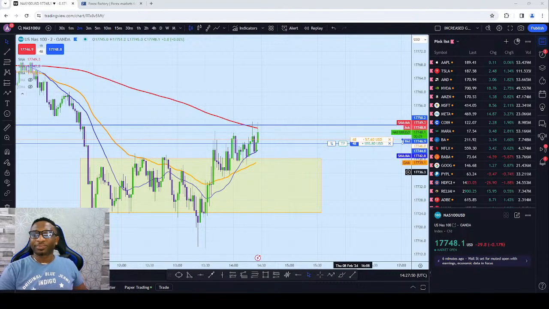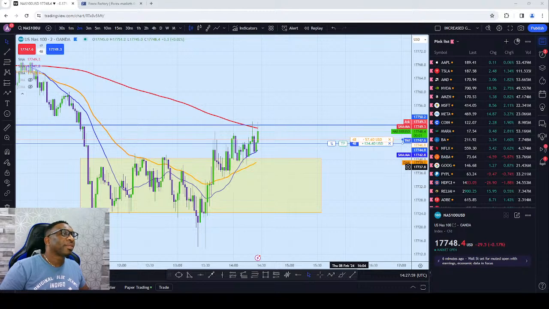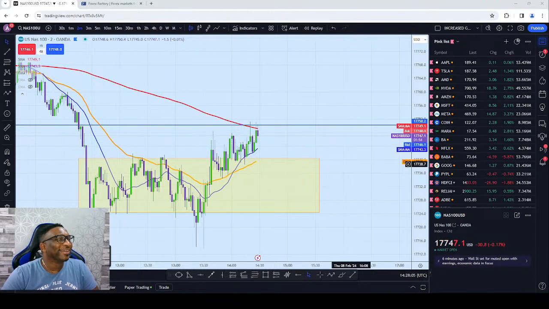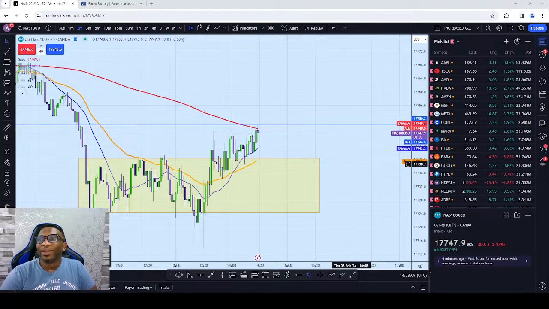Nevertheless, it looks like it's pulling back again. Yeah, it's indeed doing some shenanigans. Price is moving up and down, up and down.